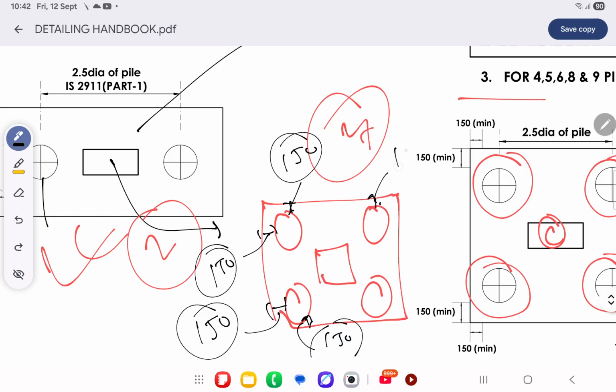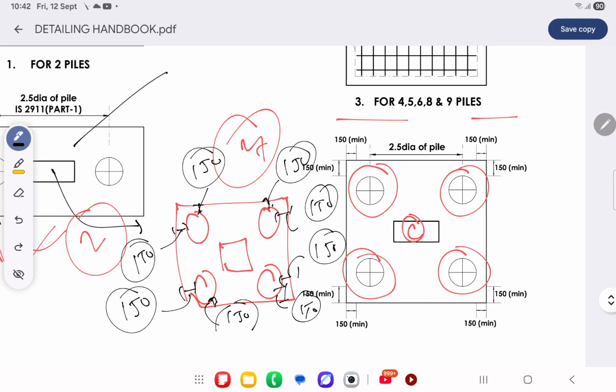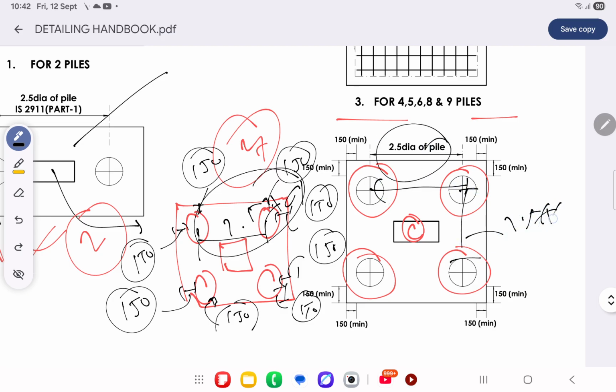Also you have to remember that the distance from the pile edge to the pile cap edge is minimum 150 mm you have to provide. And the distance between these two is 2.5 into the diameter of the pile. From here to here 2.5, from here to here also 2.5 times the diameter of the pile. You have to remember this thing.